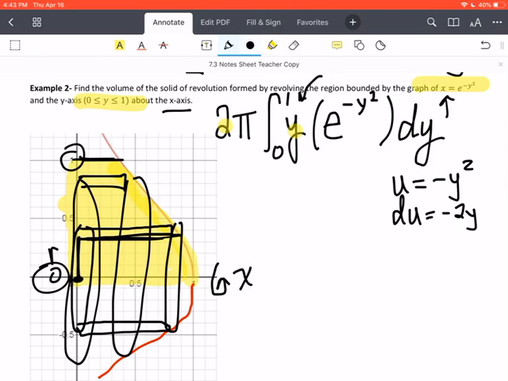So if I move my negative over, I have negative du equals 2y dy.